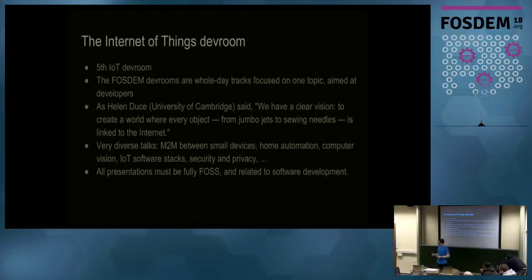Security and privacy, which is, in my opinion, a very big issue with IoT, and there's still not enough thought about this. Of course, all the presentations here must be free and open source, or just open source software. They're related to software development, and they probably will involve some kind of hardware as well, since we're talking about the IoT.